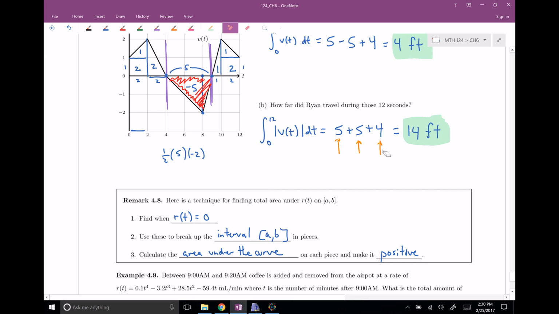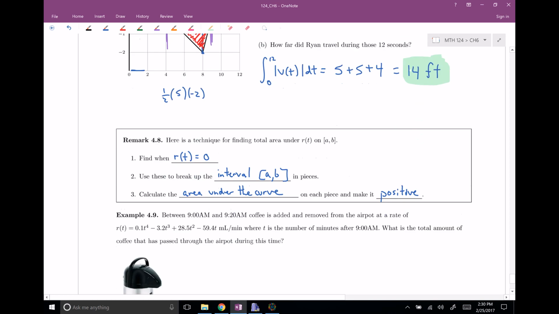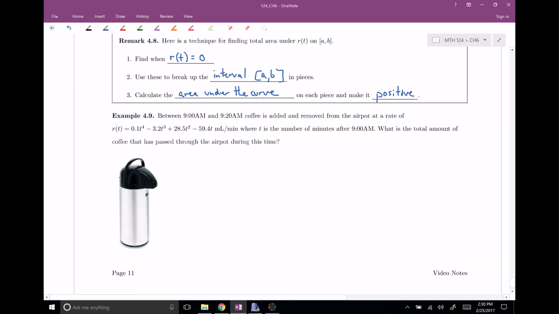Okay. And again, we've seen a couple of times how this can be useful as far as distance goes, but the claim is there are other applications. So here we are, coffee example. Between 9 and 9:20 a.m., at least in the math department, coffee goes very quickly.